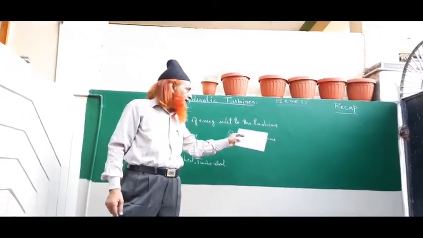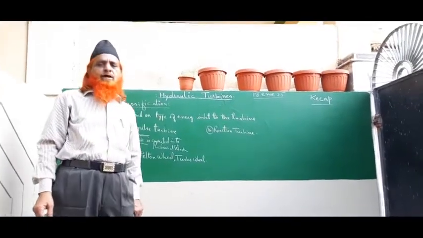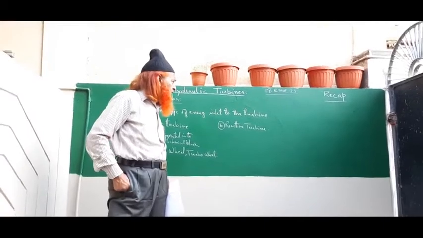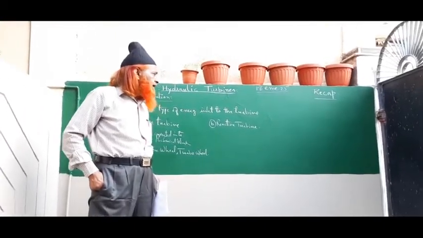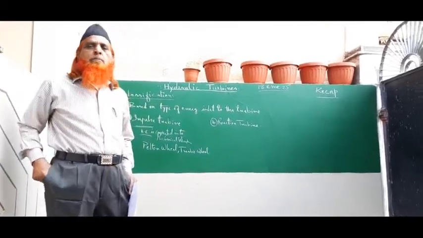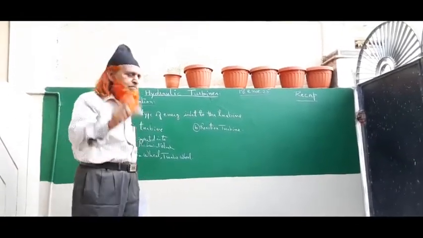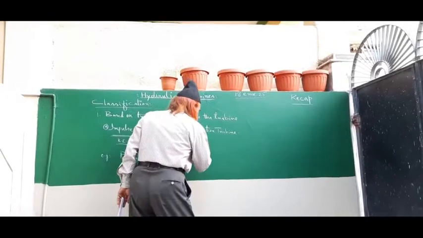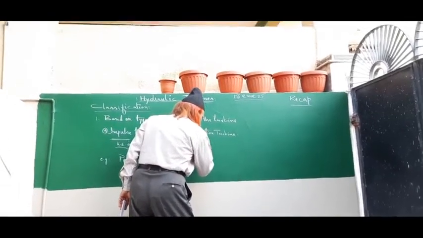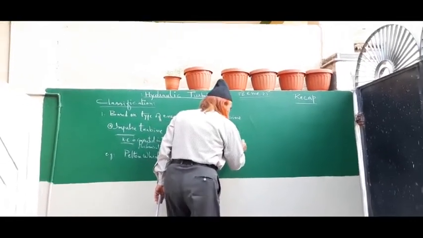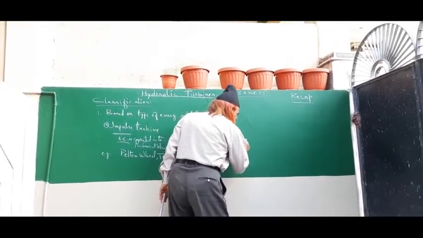That is what is called a reaction turbine. In the case of a reaction turbine or impulse reaction turbine, the energy input to the turbine is only a little kinetic energy, plus mainly pressure energy.